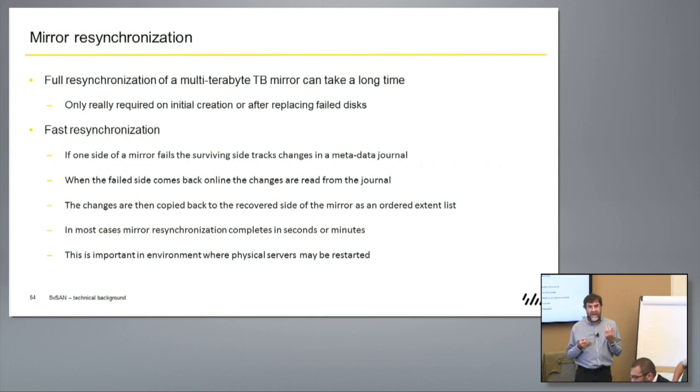So it's just got logical block address, block count of all the changes that happen to the mirror. When the surviving side of the mirror comes back online, then all we need to do is basically read that journal. What we then do is we turn it into an ordered extent list so that we can effectively near sequentially resynchronize the mirror, so we can do a very fast resynchronization. And often what you find in these environments, if somebody reboots the server for some reason, it resynchronizes within a few seconds.